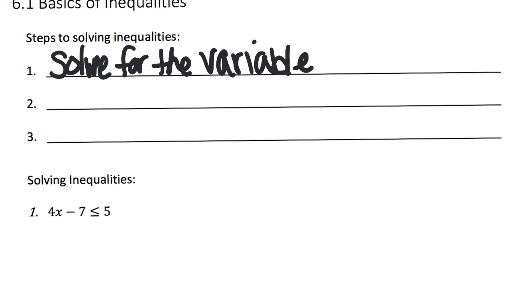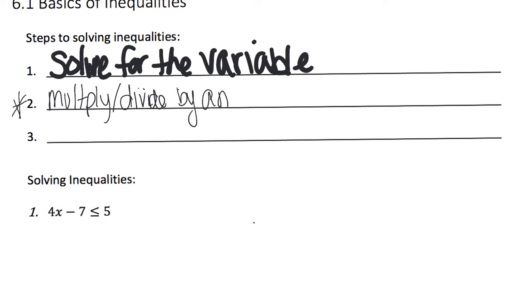One thing that you really need to remember, so step number 2 is just something to remember. It's if you multiply or divide by a negative sign, you then have to flip.